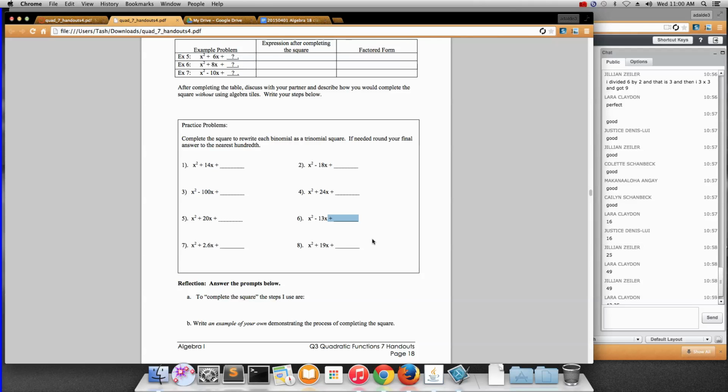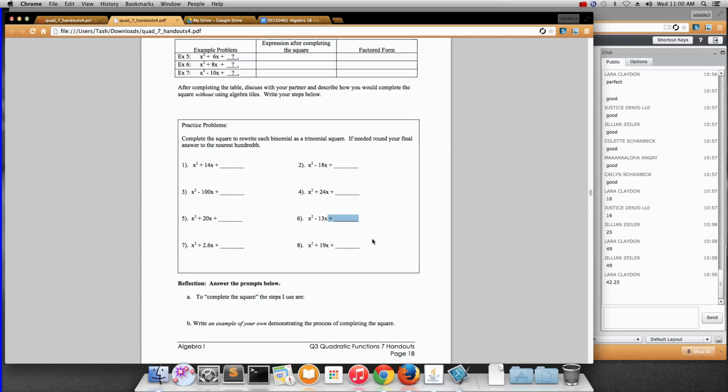All right. What made that one harder than the other ones? Very good, by the way. Awesome job. What made that harder than the other ones? It's not a whole number.